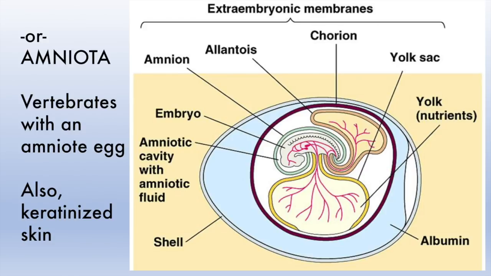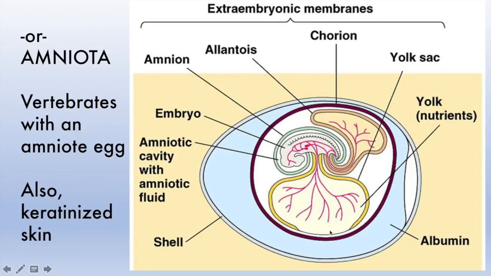Another membrane found in the amniote egg is the allantois. The allantois stores metabolic wastes from the developing embryo, and it's also a site of gas exchange. Also inside this membrane here that I'll get to in a second is the yolk sac.